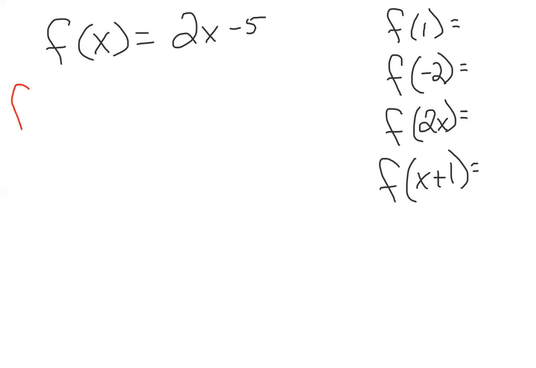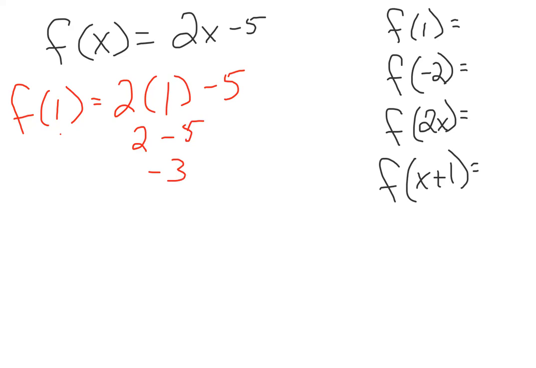So the F of 1. Again, wherever I see an X, I put a parentheses and backfill with the number that's in the first parentheses. So I get 2 times 1 minus 5. Well, 2 times 1 is 2. Minus 5 equals negative 3. So F of 1 equals negative 3.